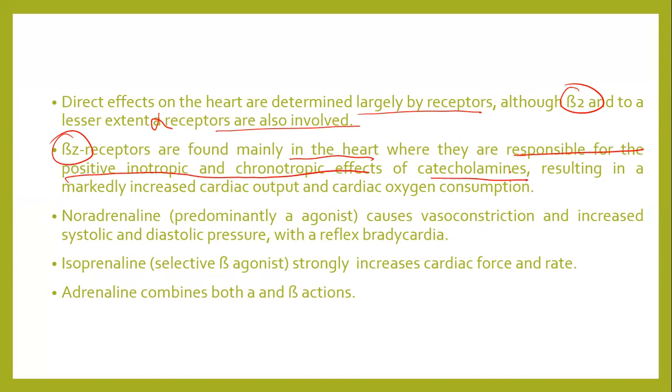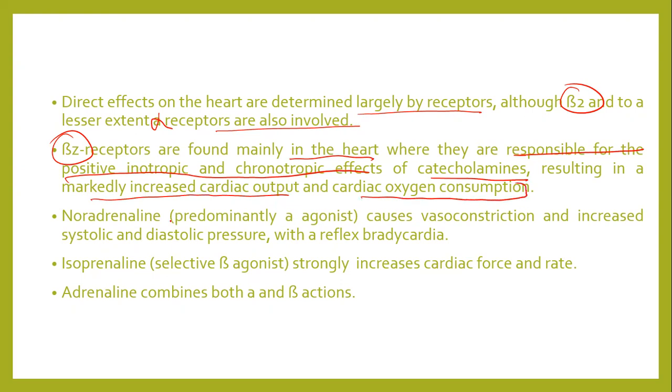Sorry, by mistake I said beta 2 for the receptor specific to the heart. It is beta 1, and beta 2 receptors are present in the bronchial smooth muscles. So it results in markedly increased cardiac output and cardiac oxygen consumption.